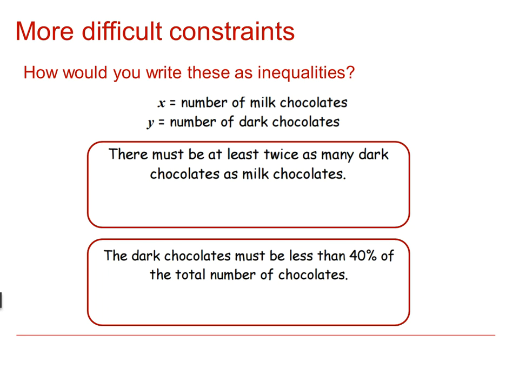The way I try to approach it is to say, if the dark chocolates are twice as many as the milk chocolates, then there must be more dark chocolate. So y is the bigger number. So y is at least, so greater than or equal to, 2 times x. So y is greater than or equal to 2x. Twice as many dark as there are milk.